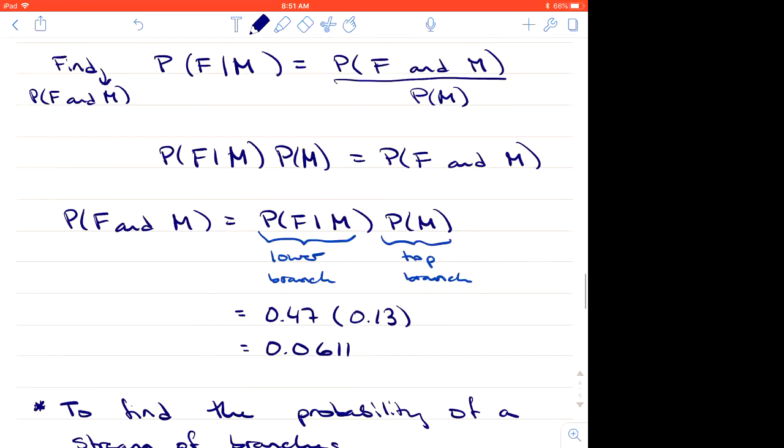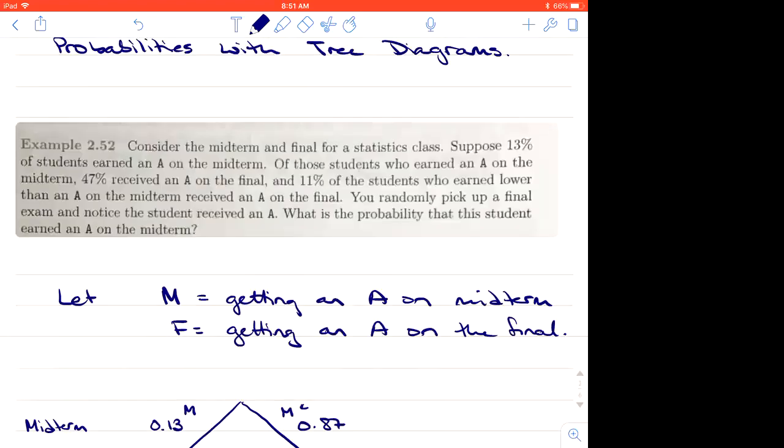Oh, there is a question in here somewhere. So we've set up our tree diagram, and then you randomly pick up a final exam and notice the student received an A. Okay. So now we know that this student got an A on the final. Right. What's the probability that this student earned an A on the midterm? Right.